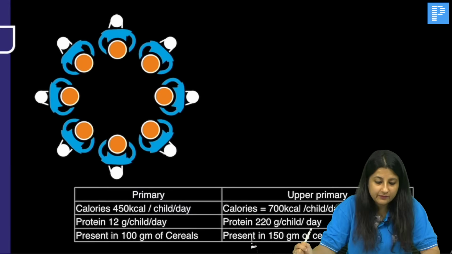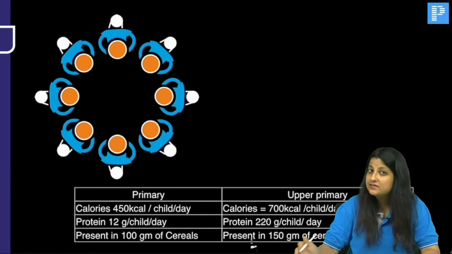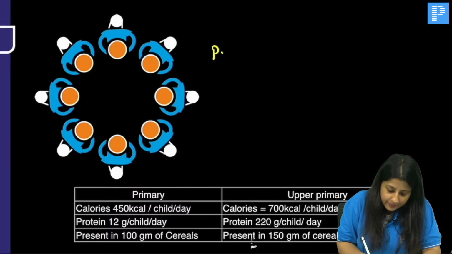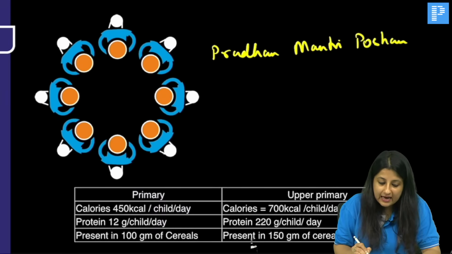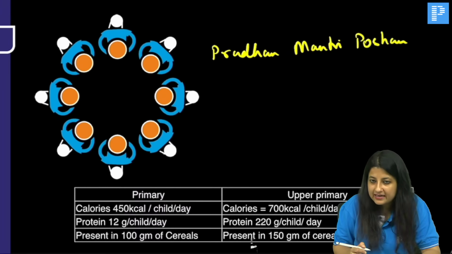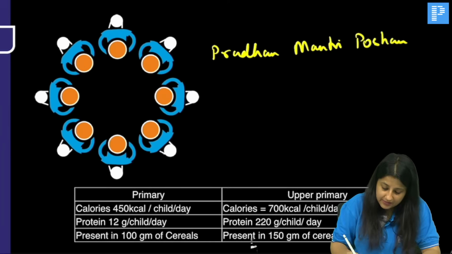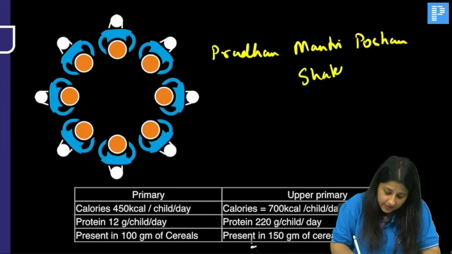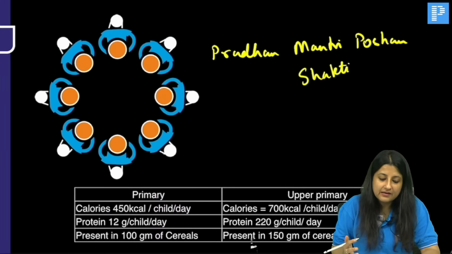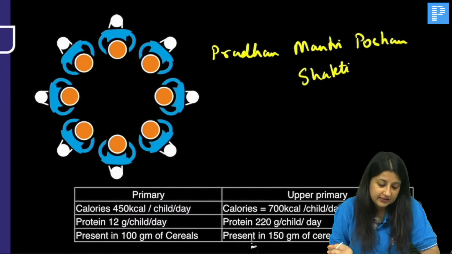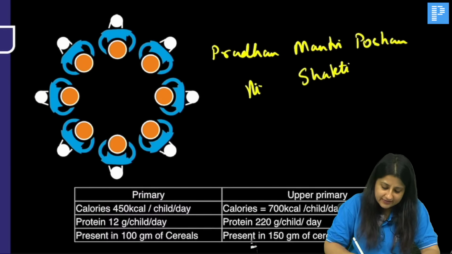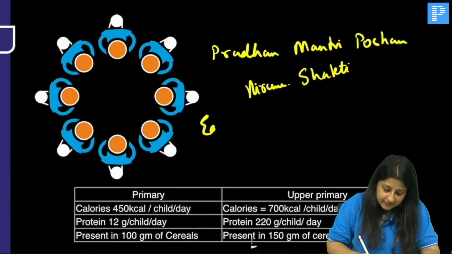This is midday meal, but now it is Pradhan Mantri Poshan Shakti. ठीक है? Or you could also say Pradhan Mantri Poshan Scheme. We also use the word Nirman, that's okay, but this was earlier midday meal.